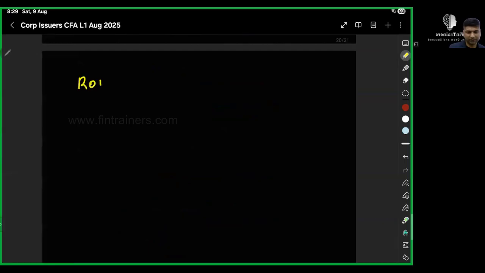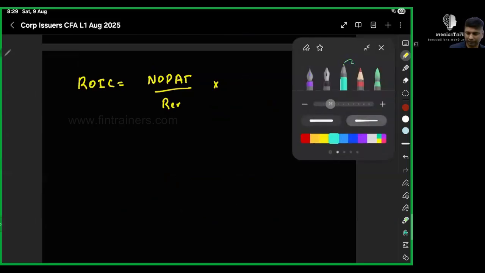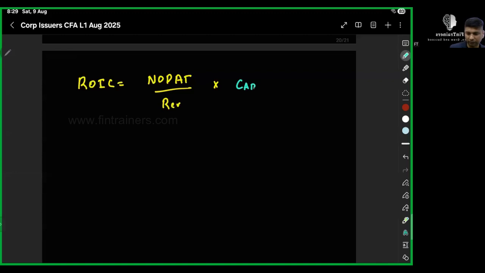We can write ROIC as NOPAT margin, which is your NOPAT divided by revenue, multiplied by revenue divided by invested capital, which is your capital turnover ratio. So I'm going to write it like that because they gave directly this value, capital turnover.